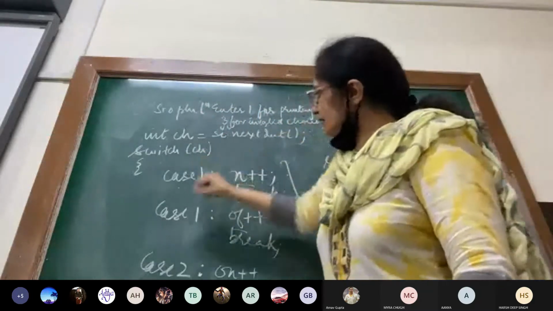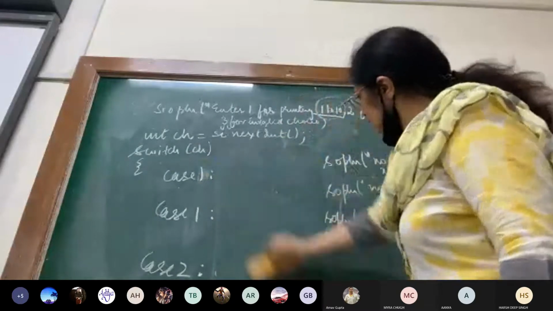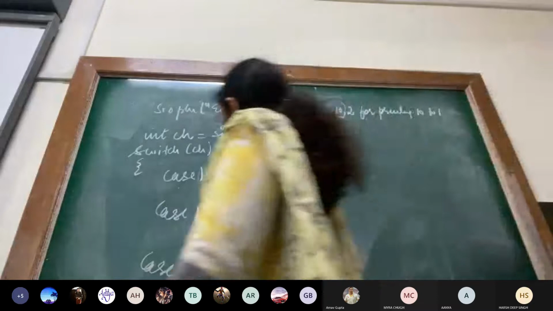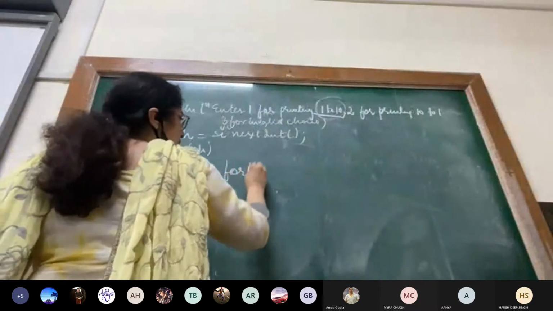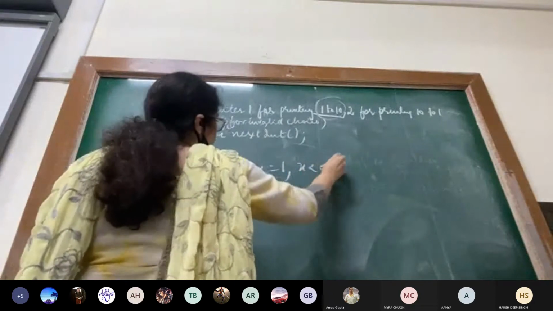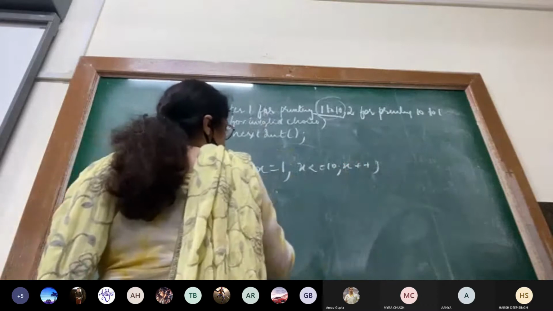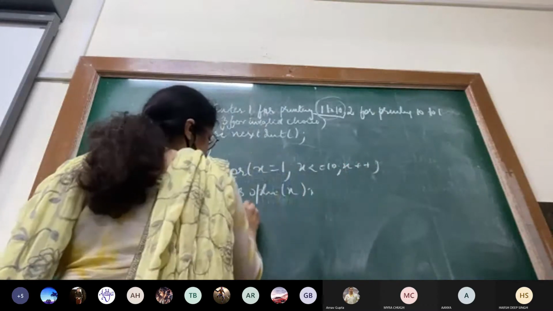So here I will say case 1, and similarly case 2 and case 3. I will use for x equal to 1, x is less than or equal to 10, x plus plus, and I will say System.out.println x and break.